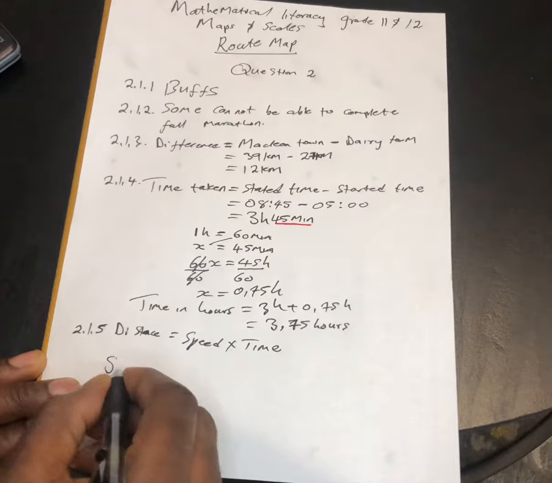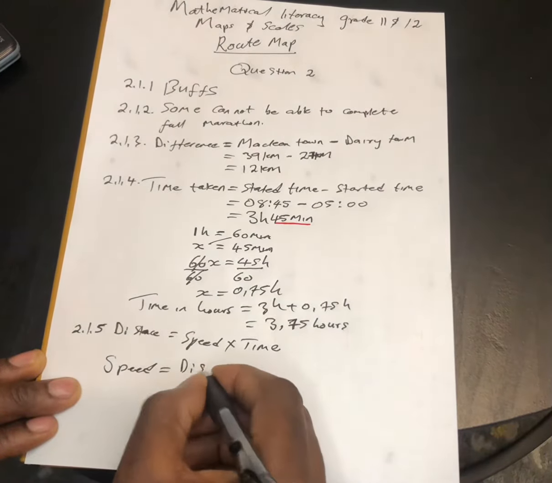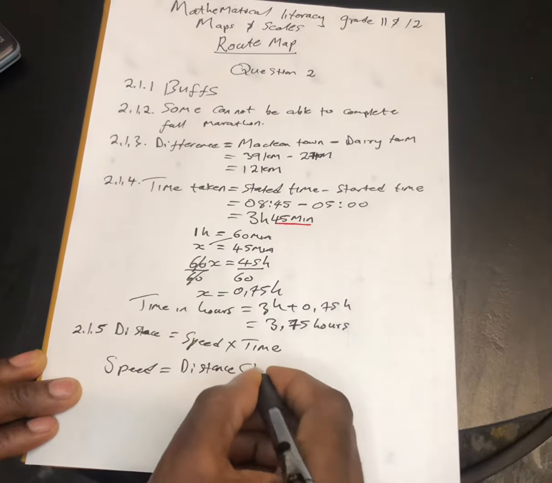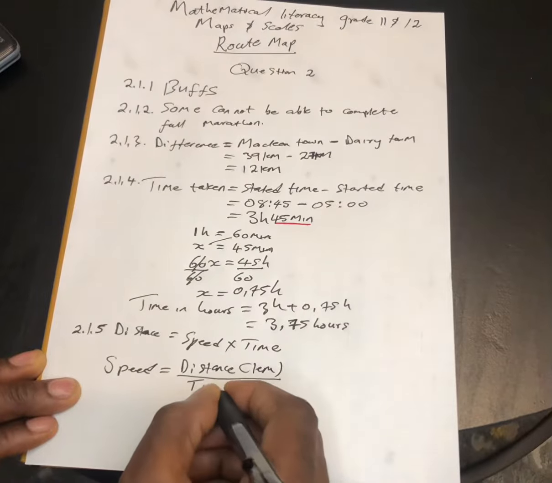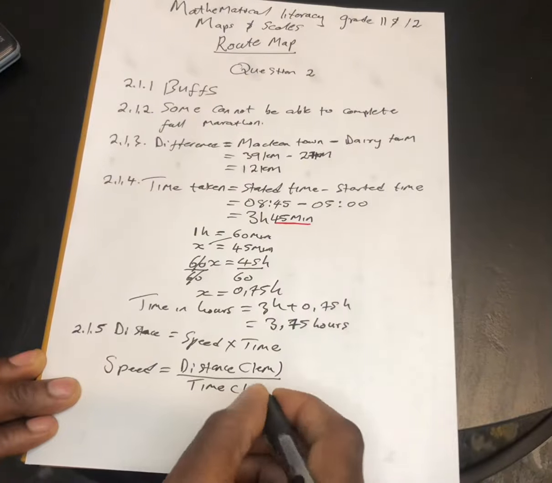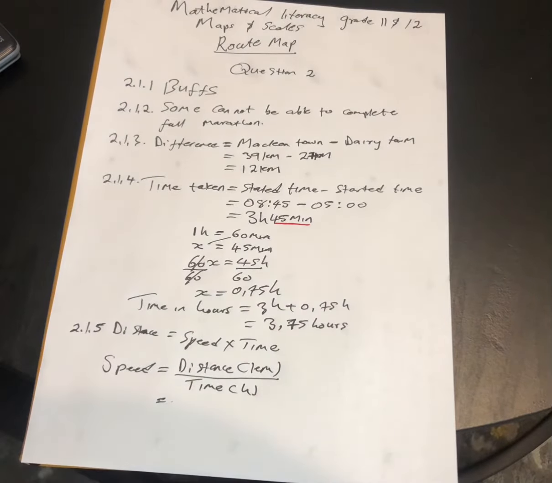So we are now going to have speed is equal to distance, and don't forget, distance is in kilometers, divided by time in hours. We must not forget that. Now we must look at the distance from the starting point to Python park.